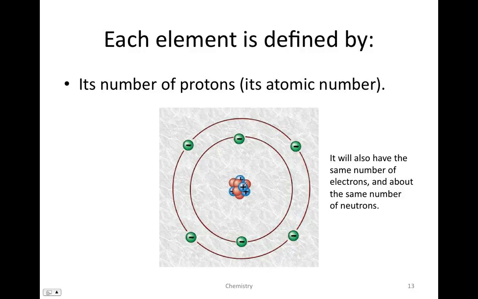So carbon has 6 protons, right? That's what makes it carbon. So carbon usually has 6 electrons as well. The same number of electrons. And the atom will also have usually about the same number of neutrons. So 1, 2, 3, 4, 5, 6 neutrons that are also in the nucleus with the protons. Now, does it have to be the same number of neutrons? No, it doesn't, and we'll discuss that in just a bit.